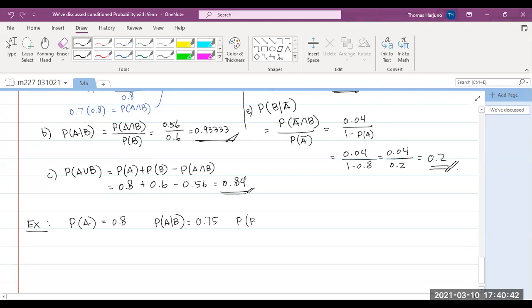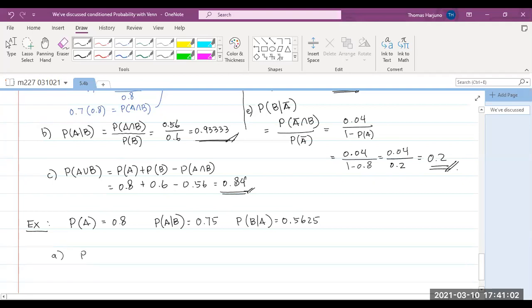Probability of B given A is 0.5625. Ooh, ugly numbers.